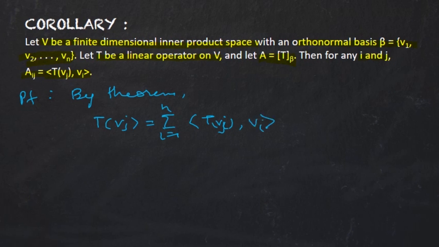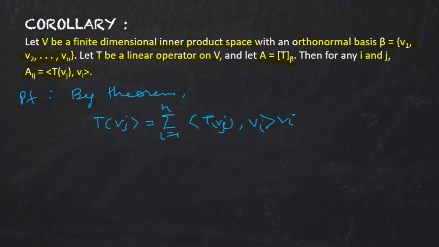So now A is the matrix representation of T with respect to beta, right? So the ijth entry of A would be what? It would be the ith coefficient of T vj, like the ith coefficient in the representation of T vj as the linear combination of basis vectors, right?